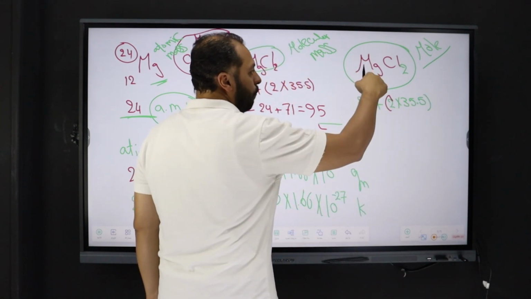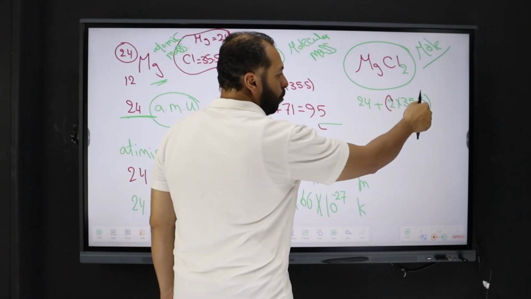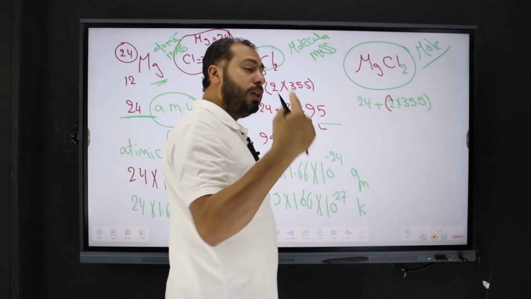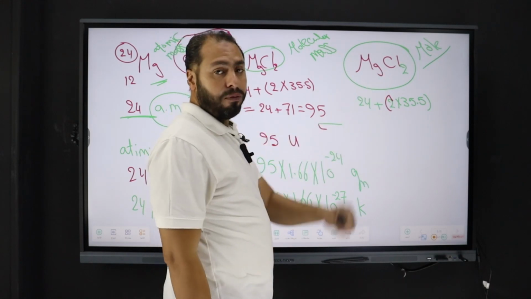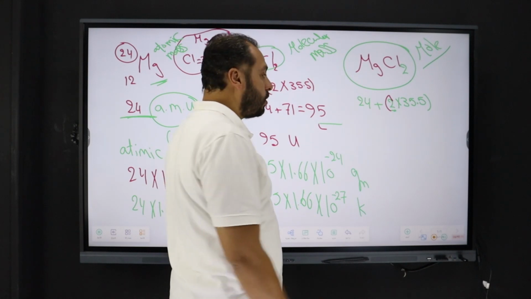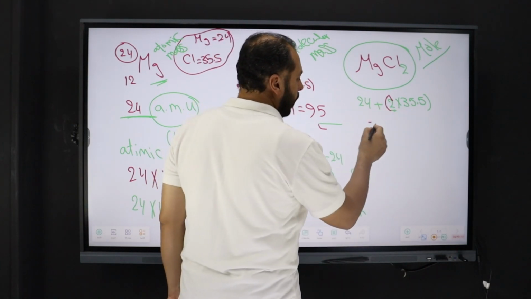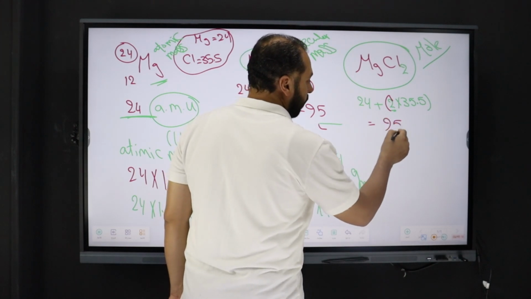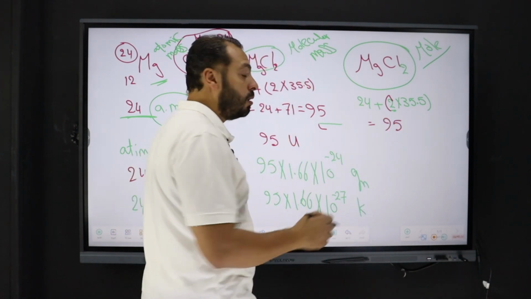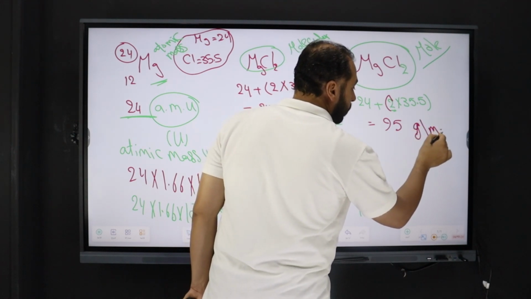24 is the mass of only magnesium, and 35.5 is the mass of only one of 2 ions of chloride. But we have here 2 ions of chloride, so 24 plus 2 times 35.5 equal 95. But 95 what? 95 gram per mole.